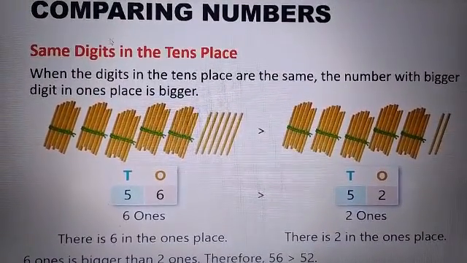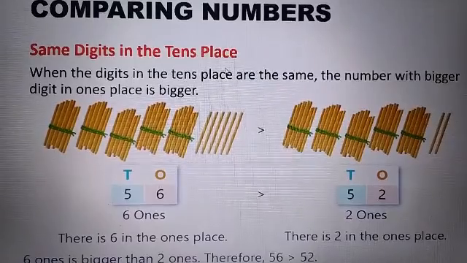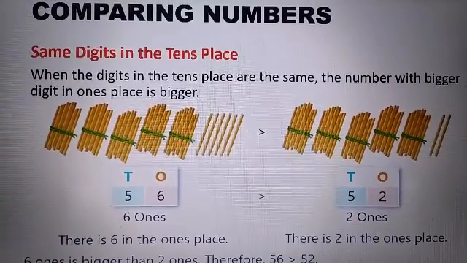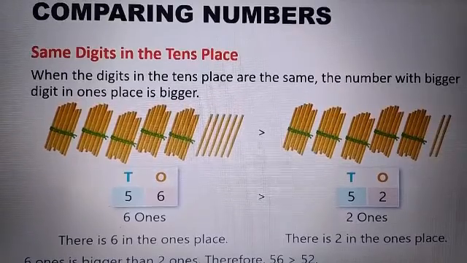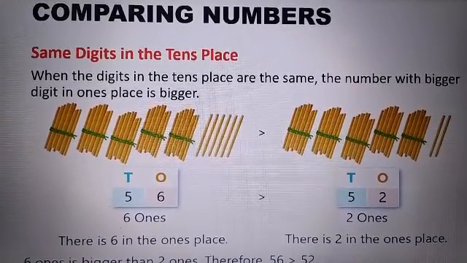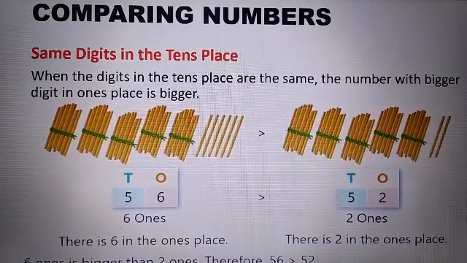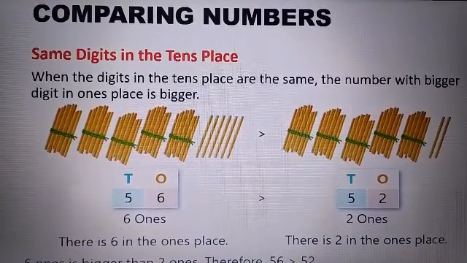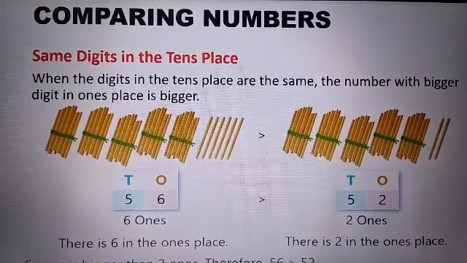Now, comparing numbers. Same digits in the tens place. Now, you all know that if there is a different number of digits, the bigger number is the 2-digit number. Second rule is that if you have the same number of digits, then you have to see the tens place. Compare from the tens place.